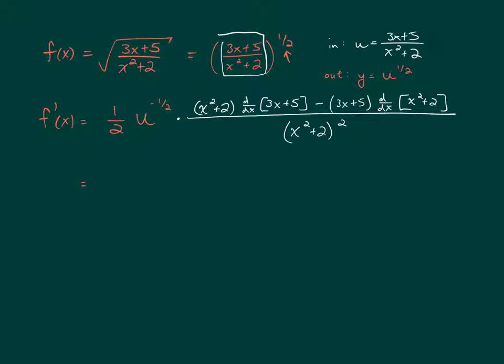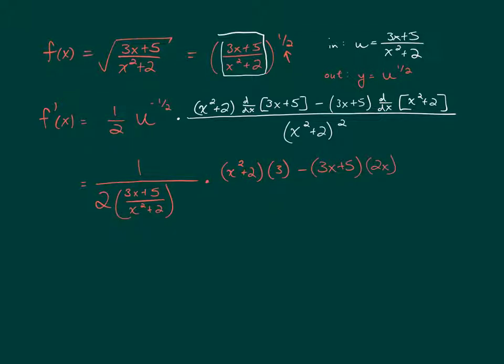So this will be 1 over 2 times the fraction 3x plus 5 all over x squared plus 2, times x squared plus 2 times the derivative of 3x plus 5, which is just 3, minus 3x plus 5 times the derivative of x squared plus 2, which is 2x, all over x squared plus 2 to the second power.